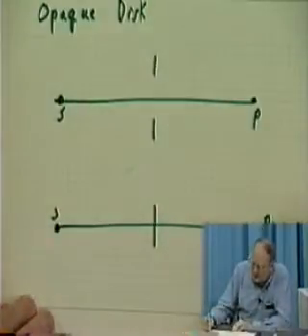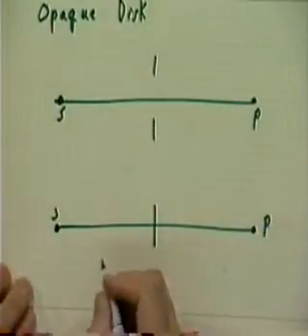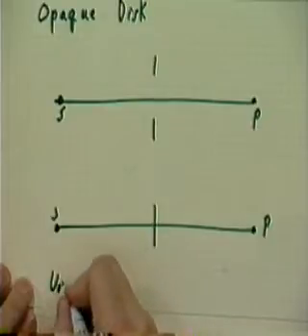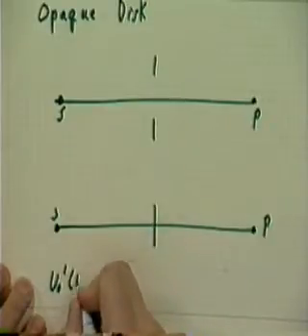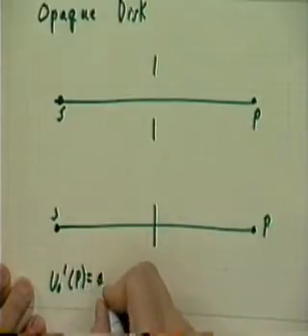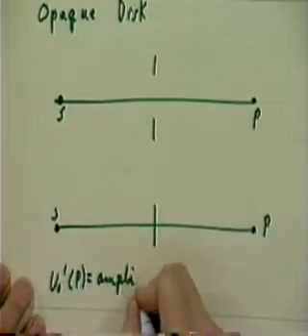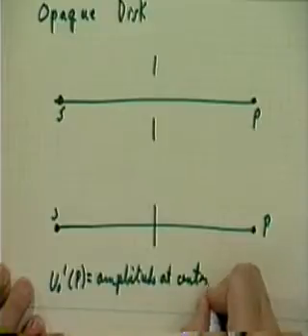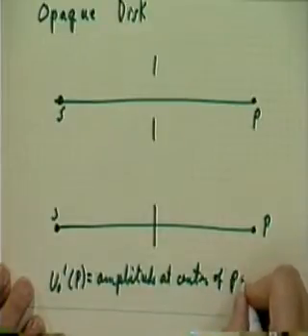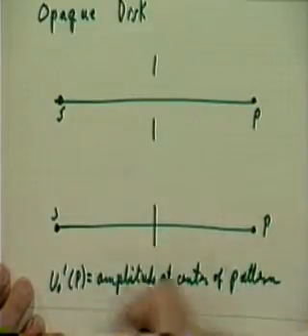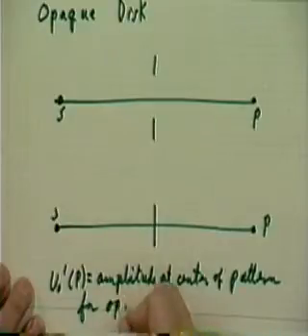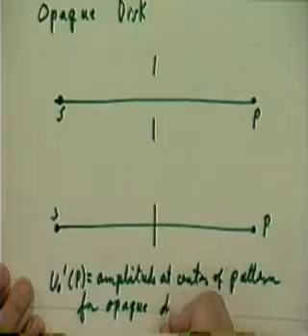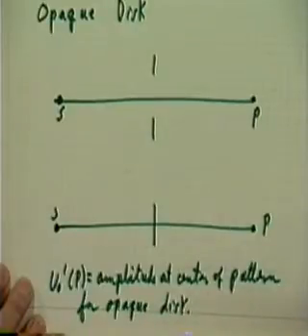And we're going to look right on axis here and let U0 prime of P equal the amplitude at the center of the pattern for an opaque disk. Okay.